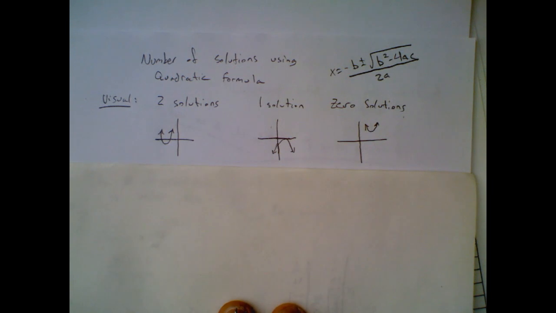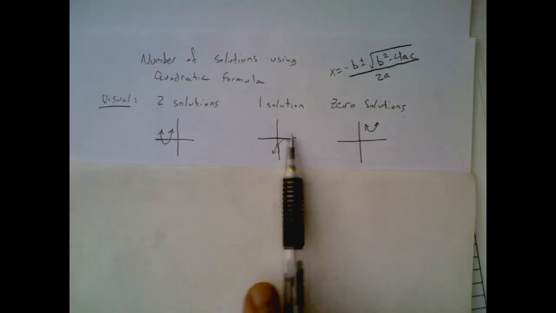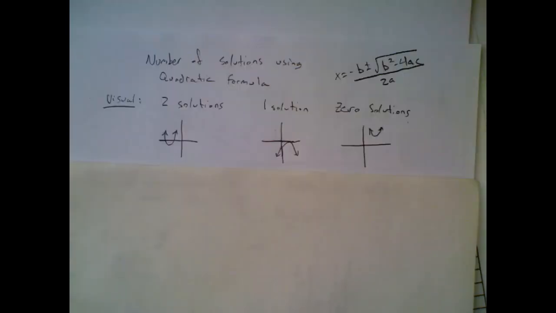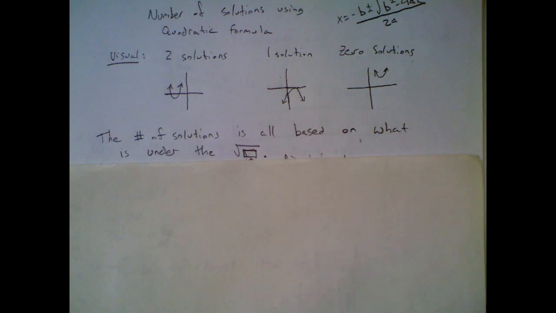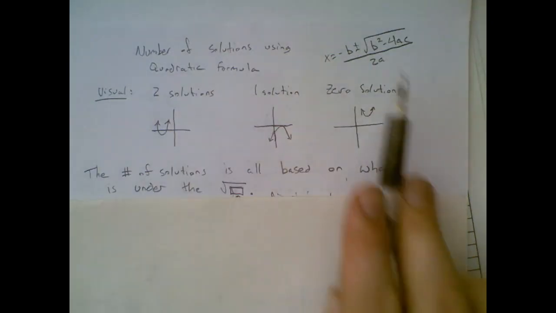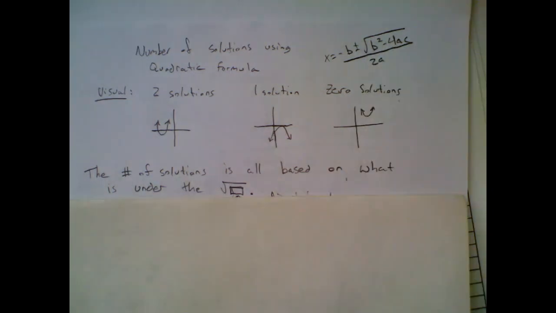So when we're going through this, think about what the graph looks like, because we can get an idea of what case it's going to be by using this quadratic formula. The number of solutions is all based on what is under the square root. This b squared minus 4ac is what tells us the number of solutions.